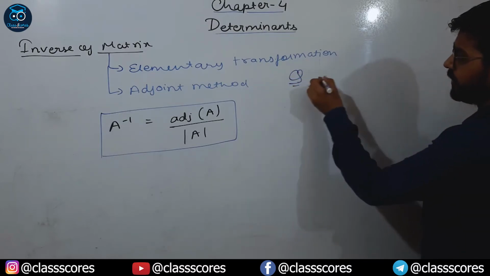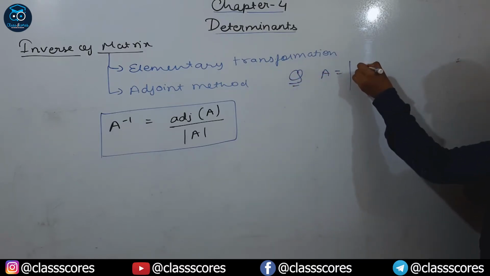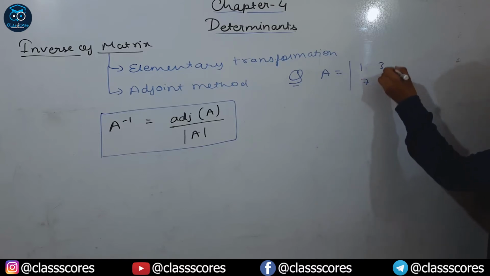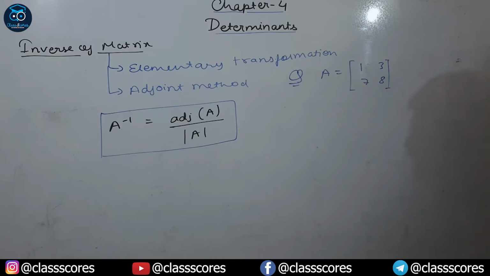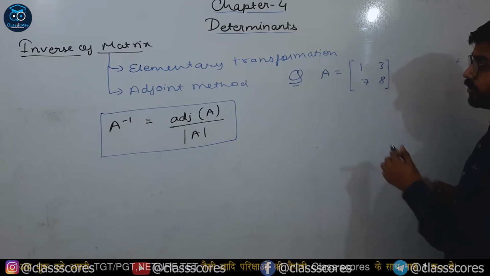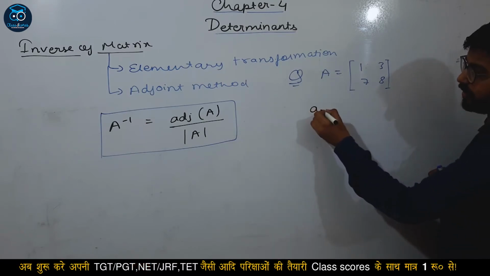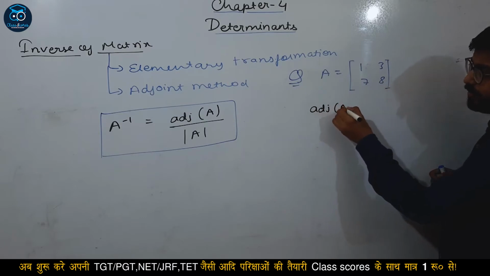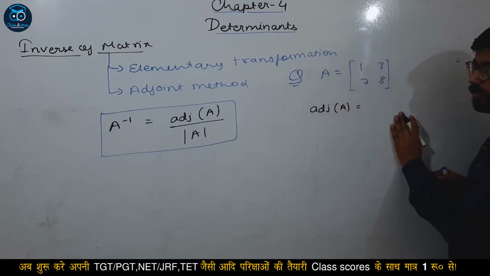A matrix is given, that is A equals 1 3 7 8. We need to find the inverse of A. So before finding A inverse, we need to find the adjoint of A. So what is the adjoint of A?